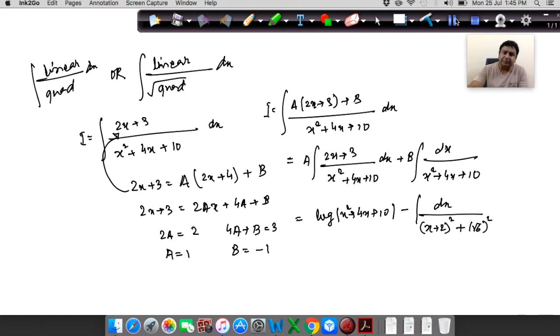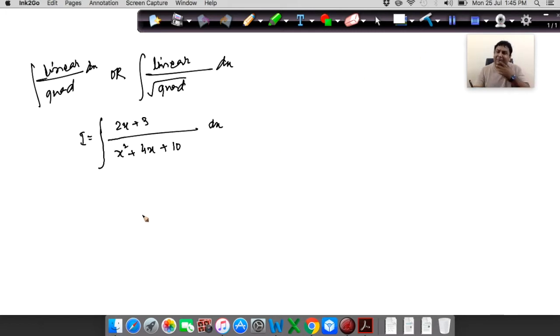So in my method, I'll say create the differentiation of the denominator in the numerator. So what is the differentiation of a quadratic? For linear upon quadratic, the method that I'll be suggesting is to create the differentiation of the quadratic quantity in the numerator by multiplying, subtraction and all that.